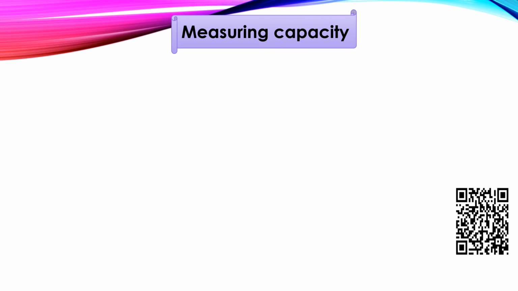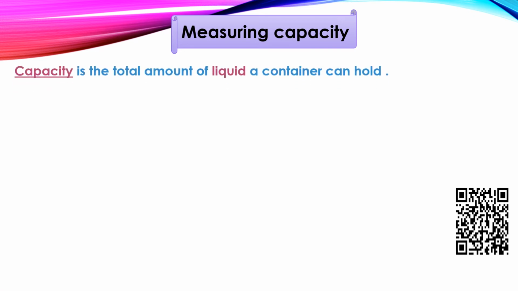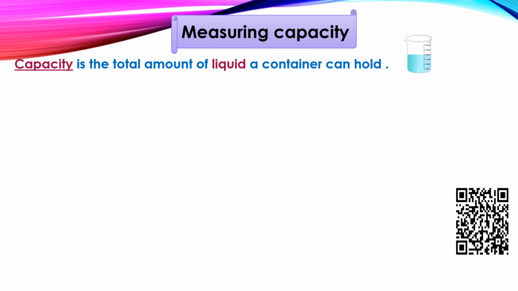Now let's study together. This part is called measuring capacity. The capacity is the total amount of liquid a container can hold. Like this picture, we want to measure this liquid.